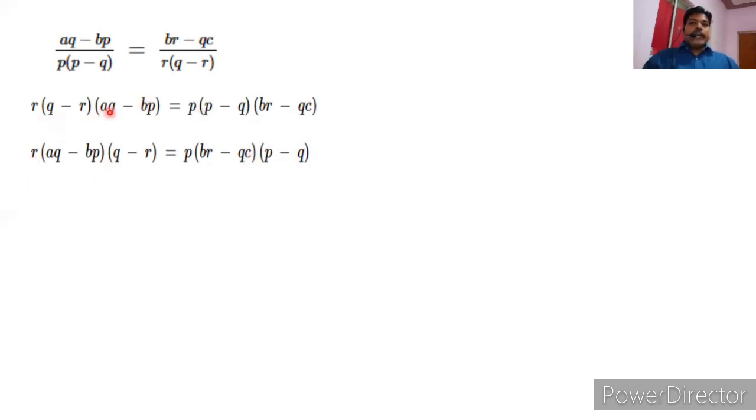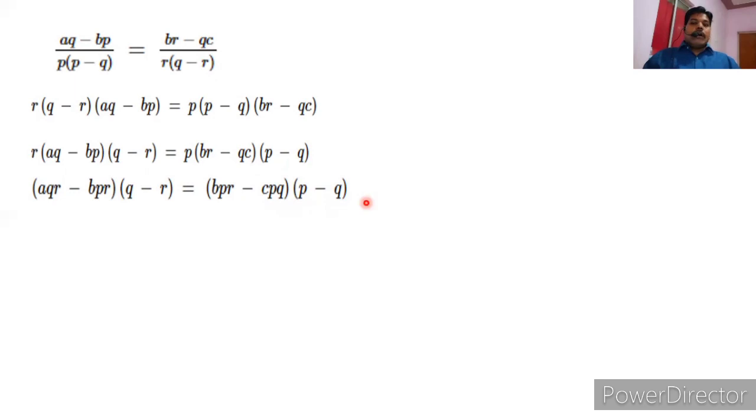R into AQ minus BP into Q minus R equals P into BR minus QC into P minus Q. I'm taking R inside, and here P inside, what happens? AQR minus BPR into Q minus R is equal to, taking P inside, PBR minus CPQ into P minus Q.